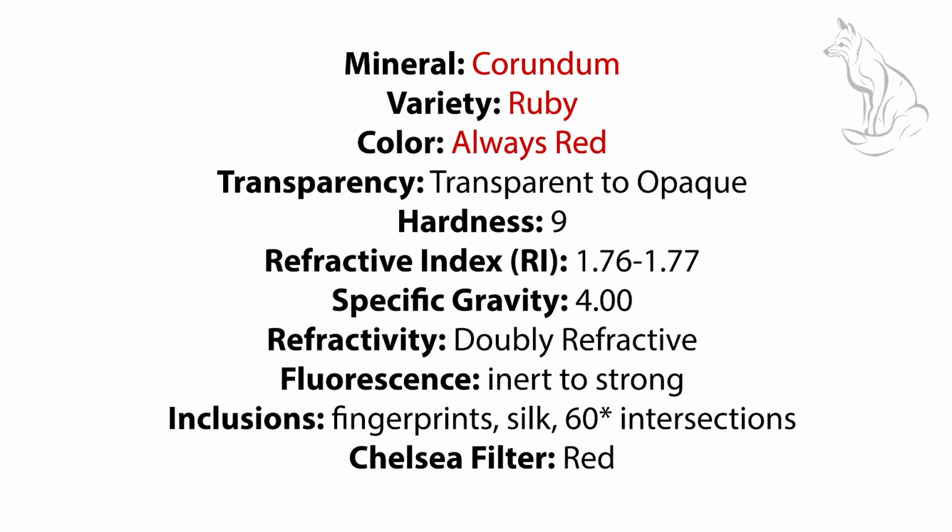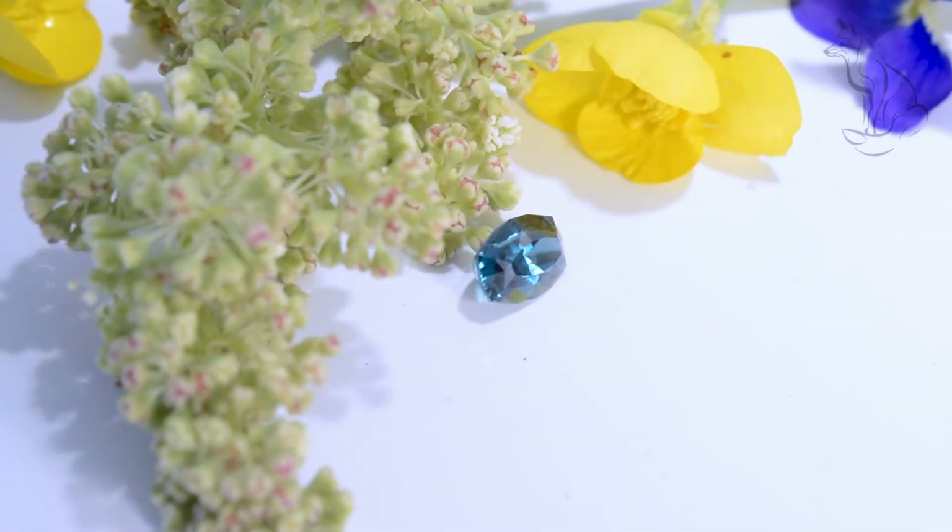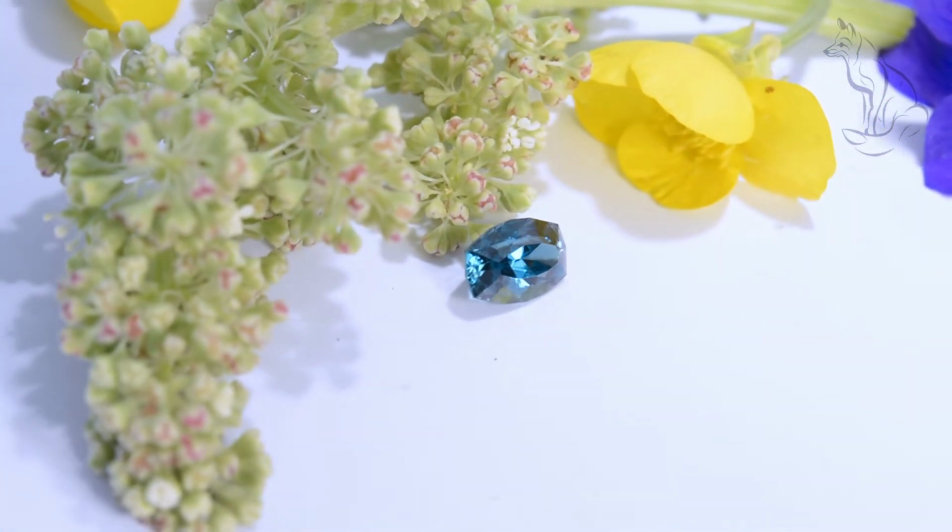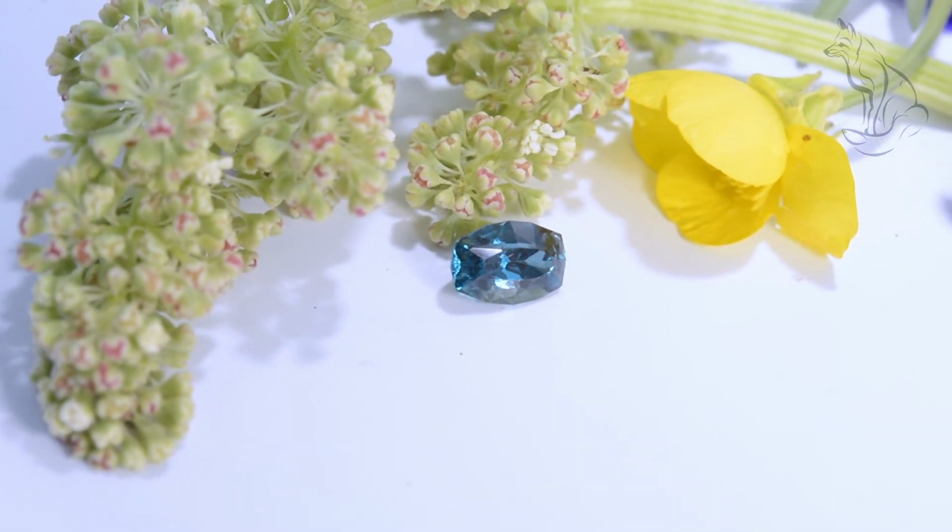Red. The dominant color for ruby is always red. If the dominant color is not red, it cannot be a ruby by definition. So we can eliminate that as a possibility for our green mystery stone number 1.